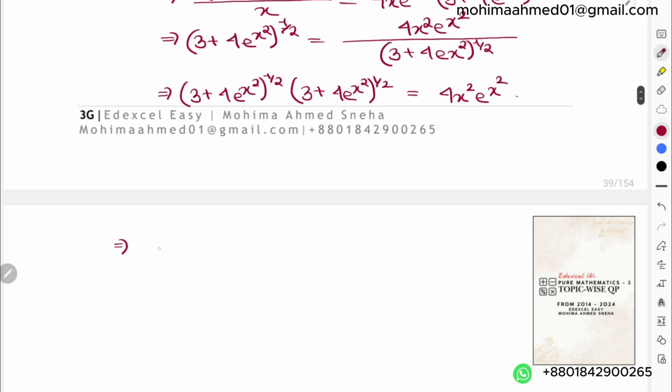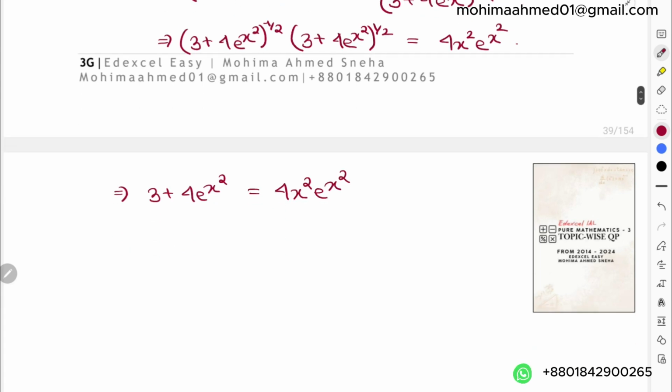So now you have 3 + 4e^(x²), everything with the power of 1 is not necessary to write, and 4x²e^(x²). Finally, if I take all these things to the right hand side and then flip the equation, it will be 4x²e^(x²) − 4e^(x²) − 3 = 0, right?